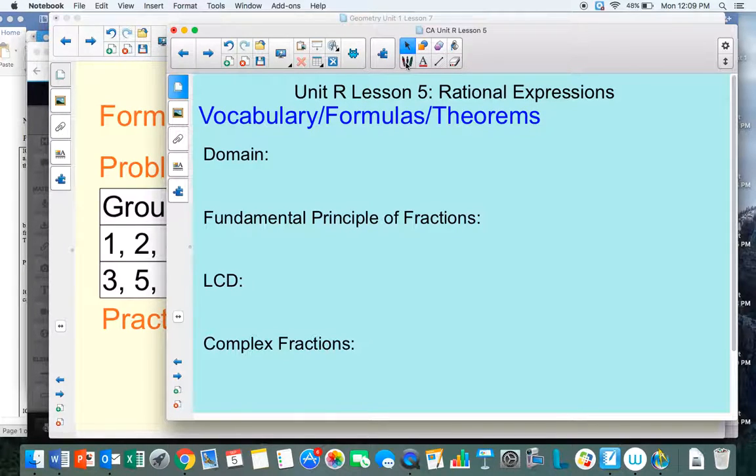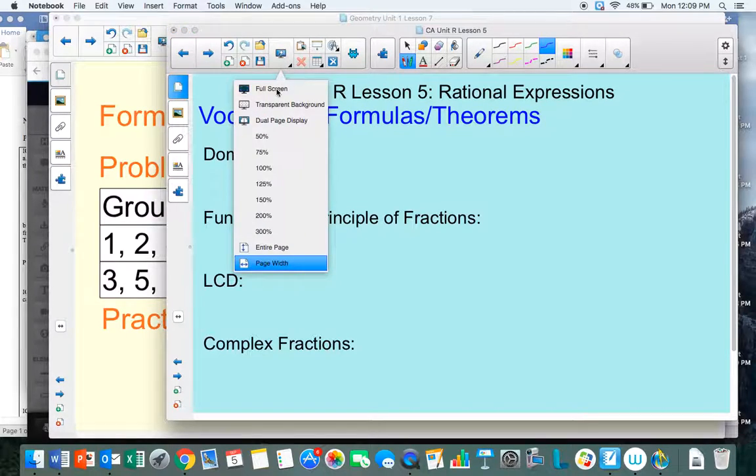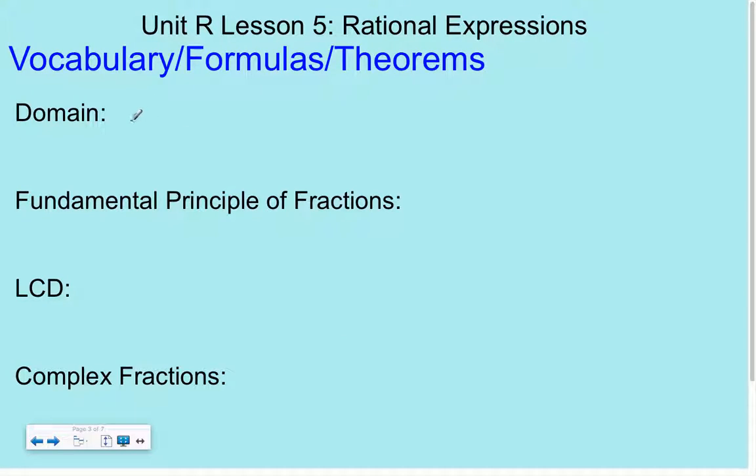With domain, there's really one important thing to remember, at least when we have these rational expressions: the domain is all real numbers, but the denominator cannot equal 0, for obvious reasons. We can't have a denominator that equals 0.